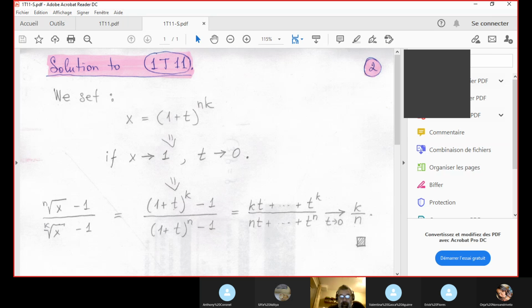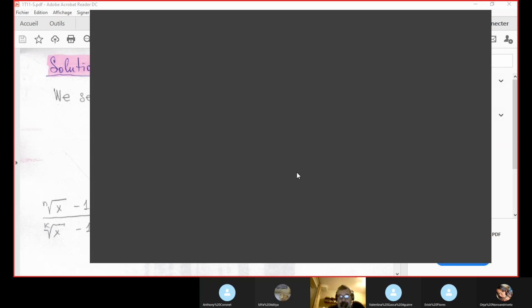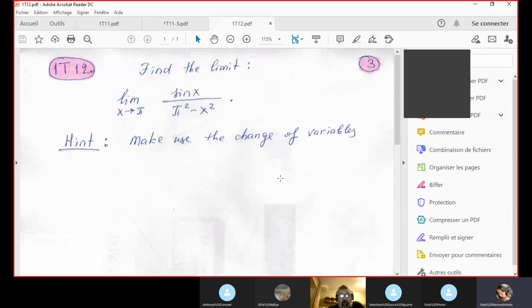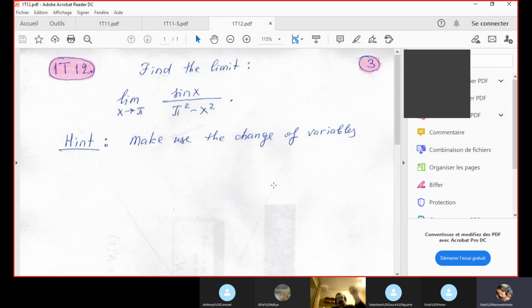So the next exercise. The next exercise will be as follows. It is an exercise where we have to use the first remarkable limit. So in this case, also, we have to make use of the change of variables.